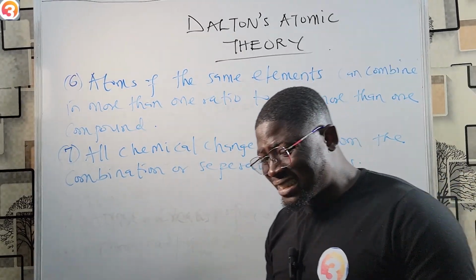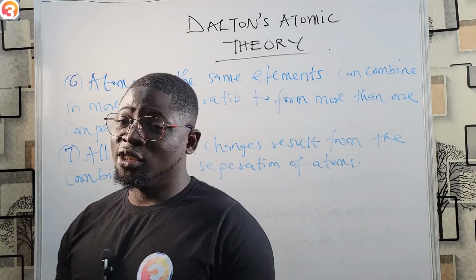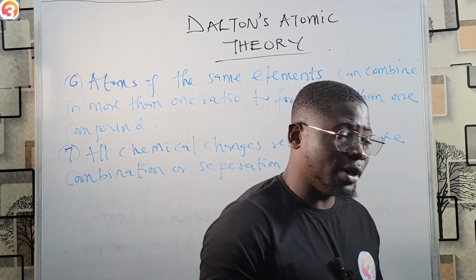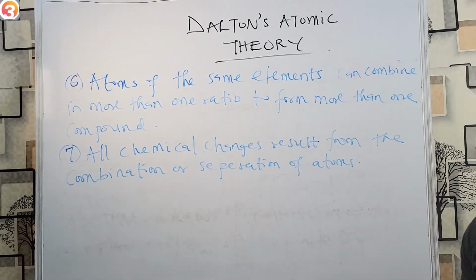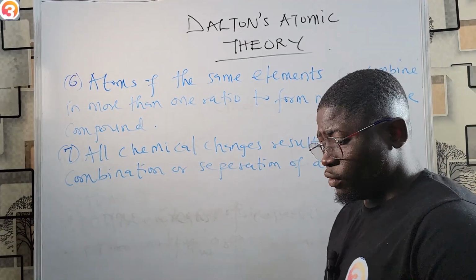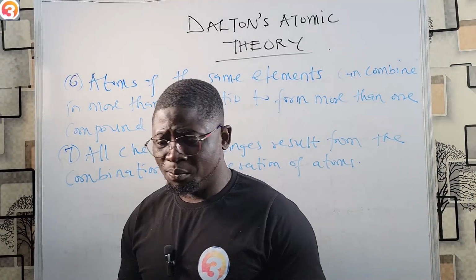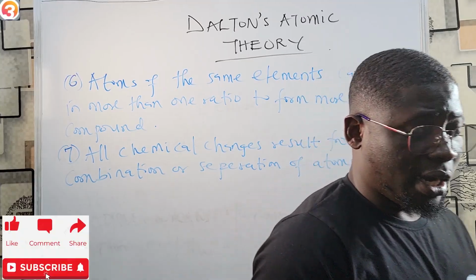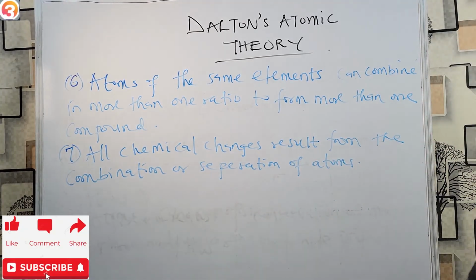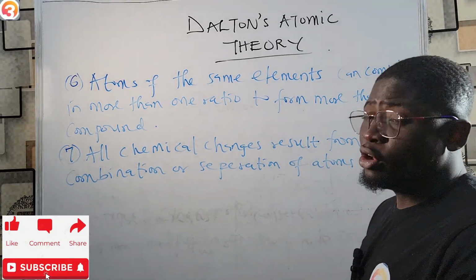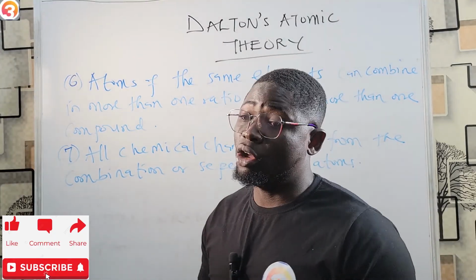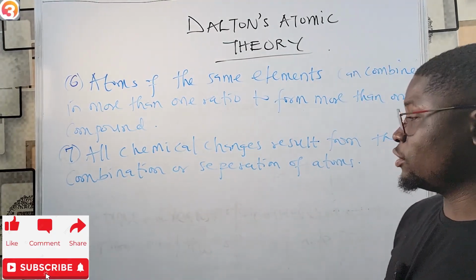So these are the 7 postulates that John Dalton made in the year 1808, which he used to explain the laws of chemical combination, the law of conservation of mass, and the law of definite proportion or constant composition.